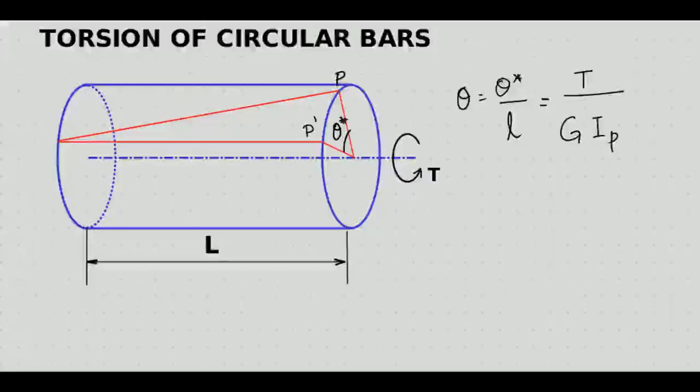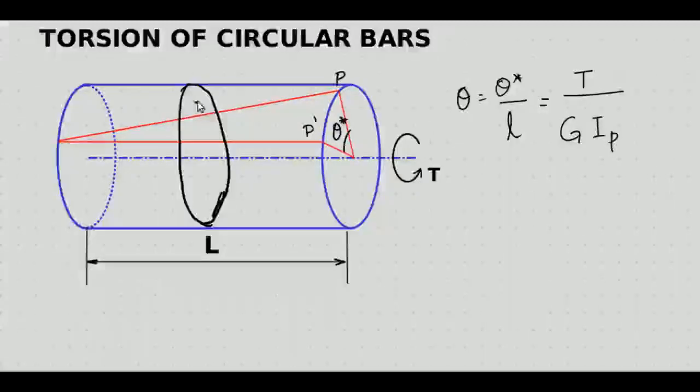If we take a circular cross section here, normal to the longitudinal axis, we can calculate the shear stress at a point on this circular cross section.